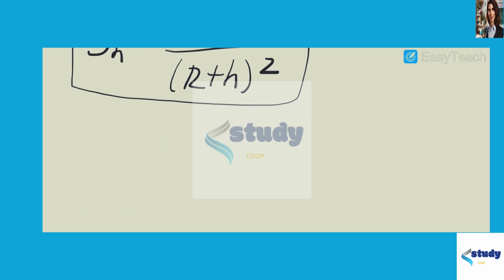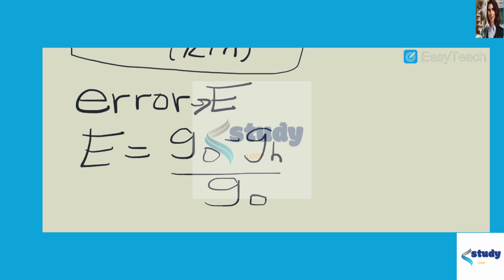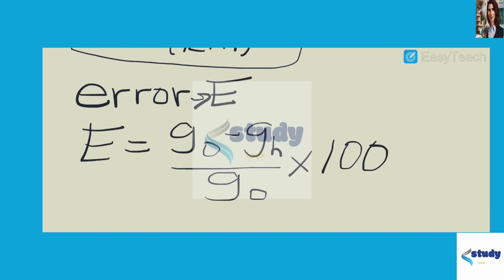Now our error, we're going to call that E, is simply equal to the gravity at the surface of the Earth minus the gravity at a certain height h, all over the gravity on the surface. And to translate this into percent error, we're just going to multiply this quantity by 100.